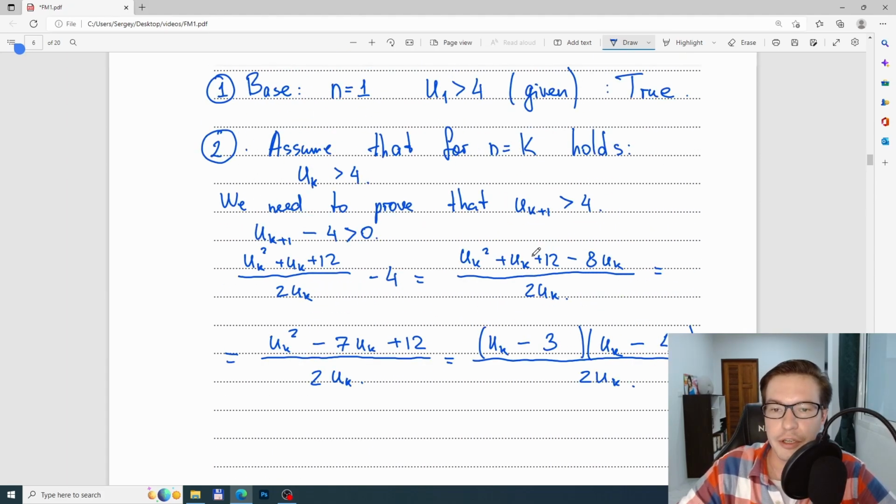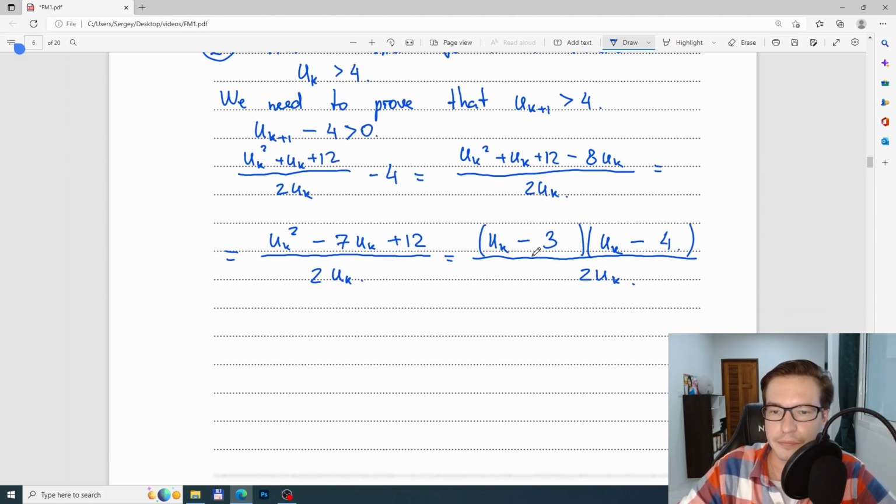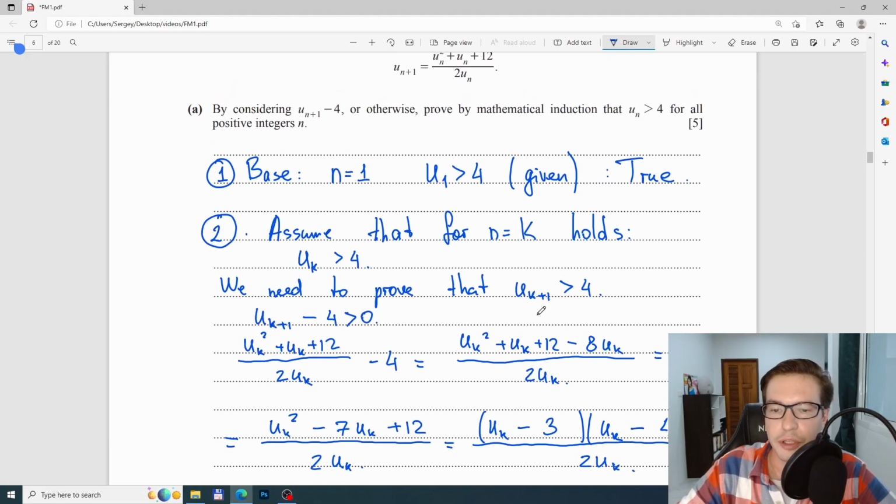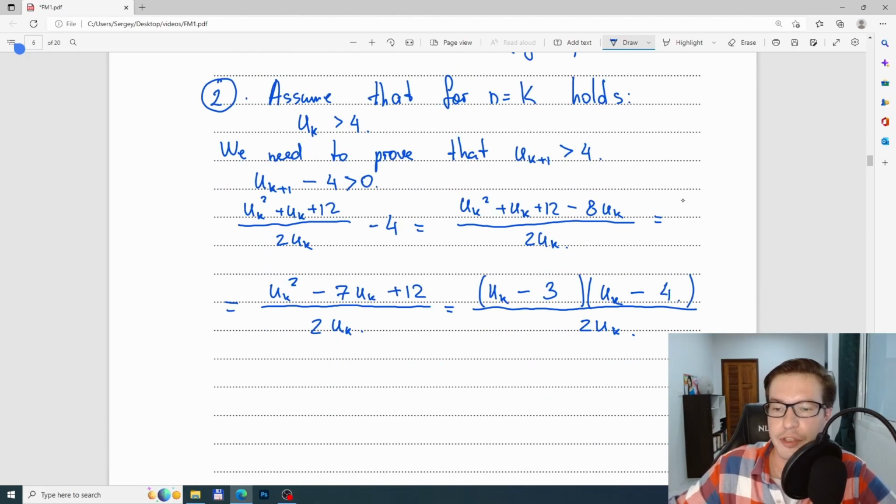Now, let's analyze what's going on there. We know that by assumption, uk is bigger than 4. So that means this bracket, uk take away 4, is bigger than 0. We also know that if uk minus 4 is bigger than 0, then, of course, uk take away 3 is also going to be bigger than 0.